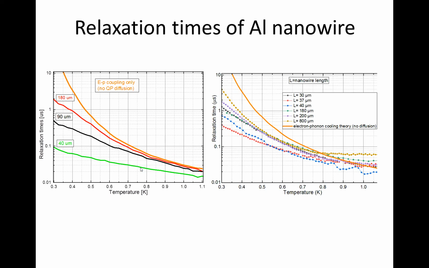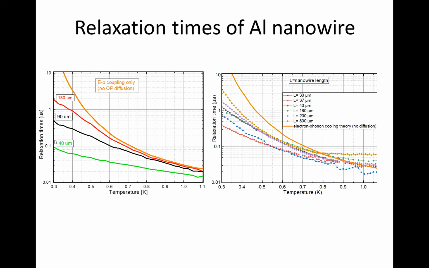This is the comparison between the relaxation time modeling and the experiment, and we see that the fan out of the relaxation time models is considerably bigger than we have for the experimental case. And we are not quite sure why it is so.